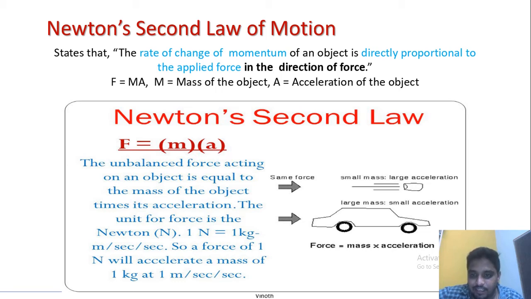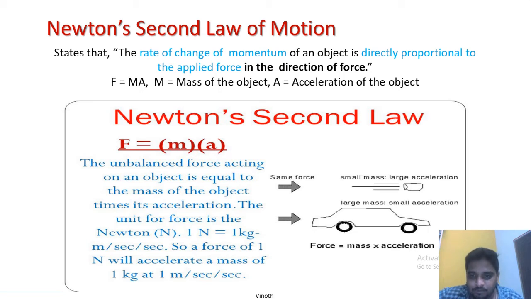When the same force is applied on a large mass, the acceleration is very low, isn't it? For example, if you push any object like a box or a pencil, the mass of the pencil is very less, so the speed and acceleration is very high.